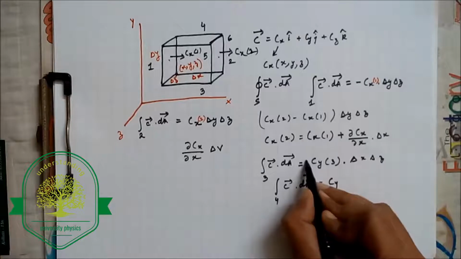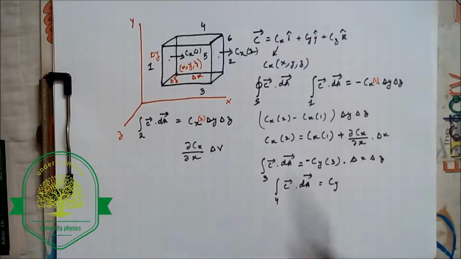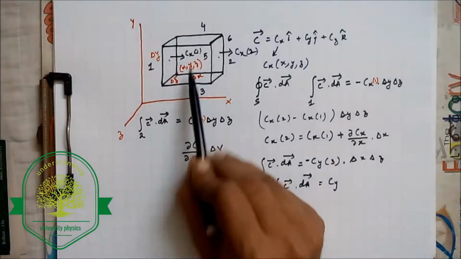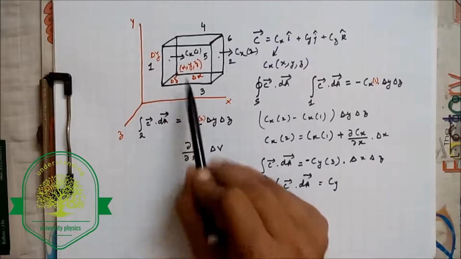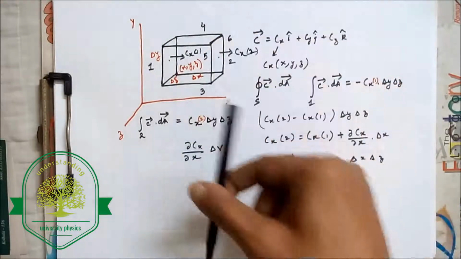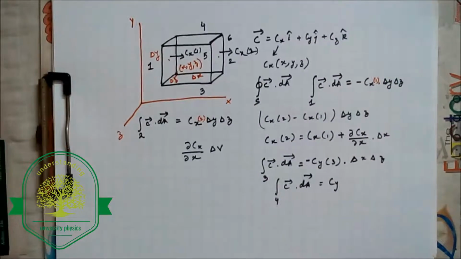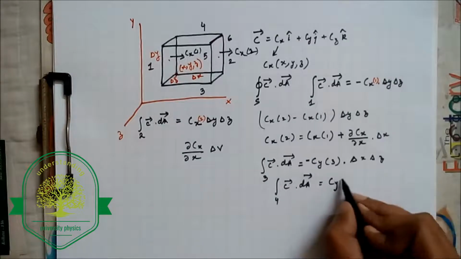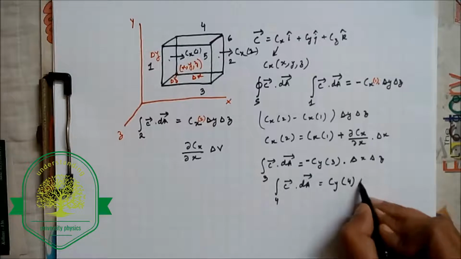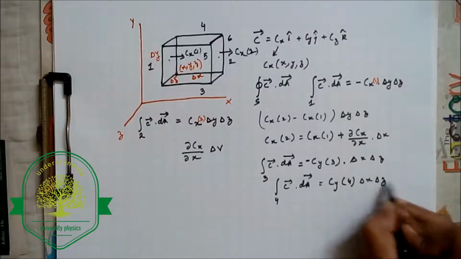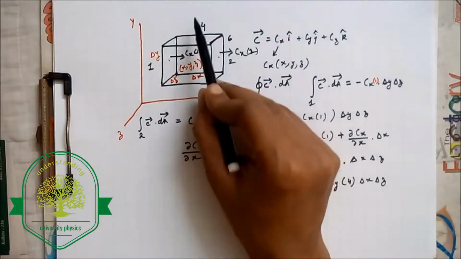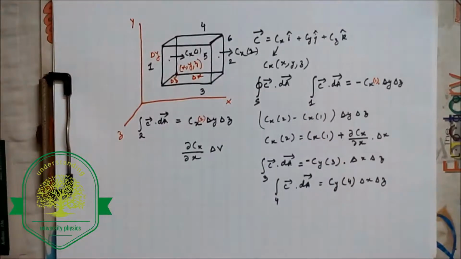We have a minus sign in the previous equation because cy by definition will point towards the positive y-axis while the area vector is out of the box along the negative y direction. So cy at surface 4 times delta x, delta z, and this time we have a positive sign because cy and the small area vector point in the same direction.